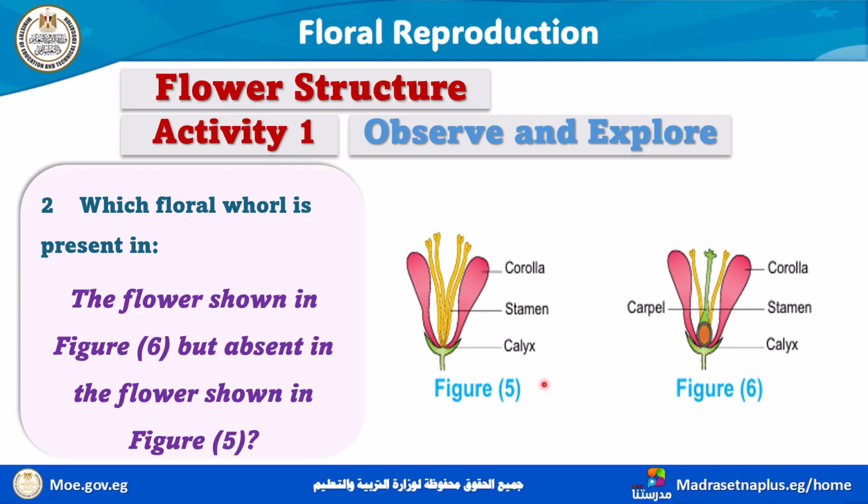Let's try to observe both of the 2 figures and explore what the role that is missing in figure 5 but exists in figure 6. Yes, of course, it's the carpel.